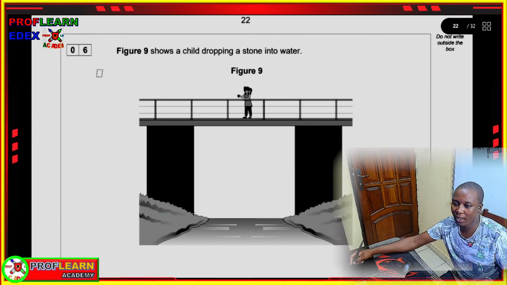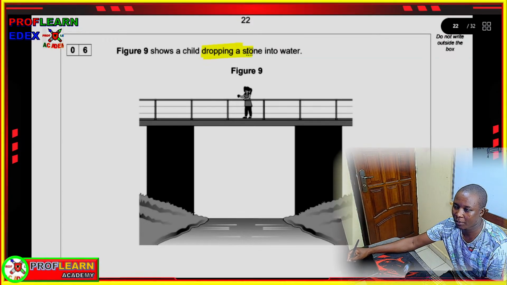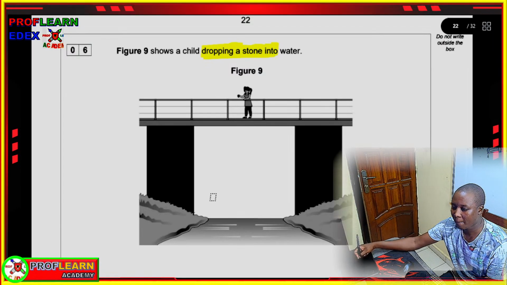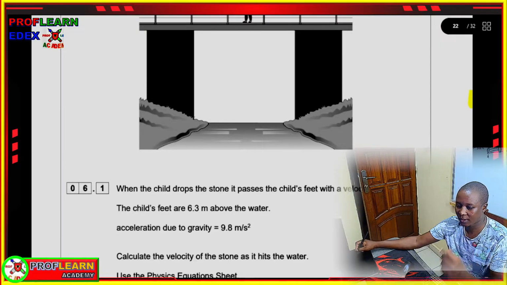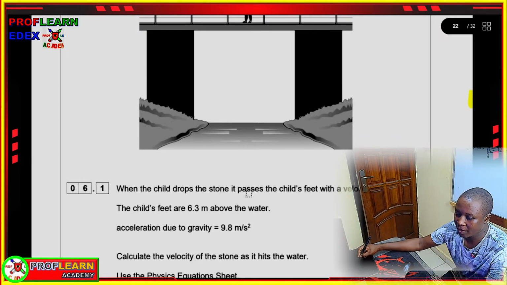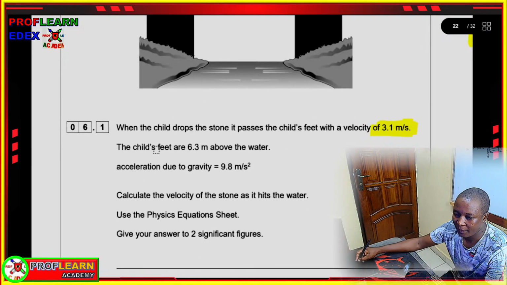Then we have question number 6, saying a child is dropping a stone into the water. This is a kind of bridge, and the stone is going to fall through that height. When the child dropped the stone, it passes through the child's feet at a velocity of 3.1 meters per second. The child's feet is 6.3 meters above the water.